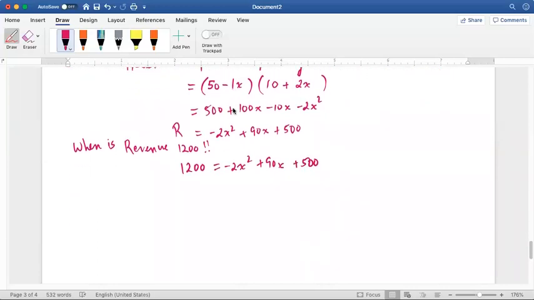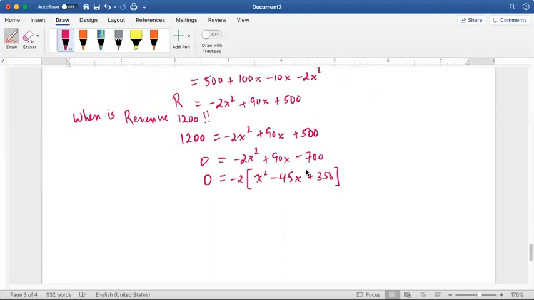We want to know when R is 1200. We'll bring the 1200 over to the right, so negative 2x squared plus 90x, I think, minus 700. And let's see if we can factor that. We should be able to GCF out a negative 2, and we're left with x squared minus 45x plus 350.